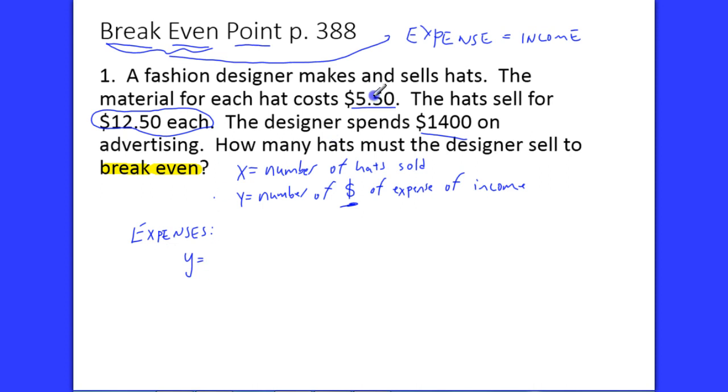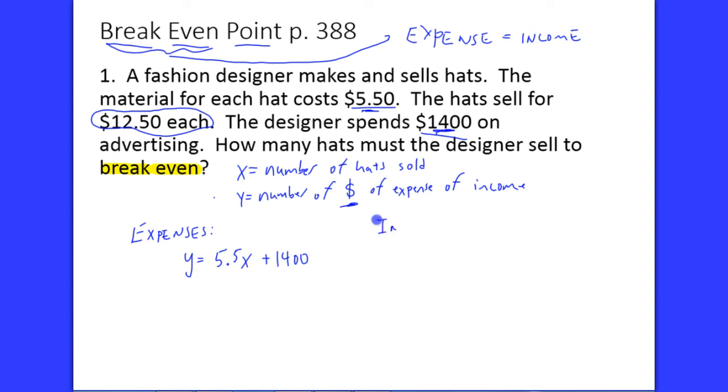Like we said earlier, it costs $5.50 per hat, so that's 5.5 times the number of hats that they sell, plus there's a one-time fee of $1,400 for advertising. So y = 5.5x + 1400 represents the expenses.